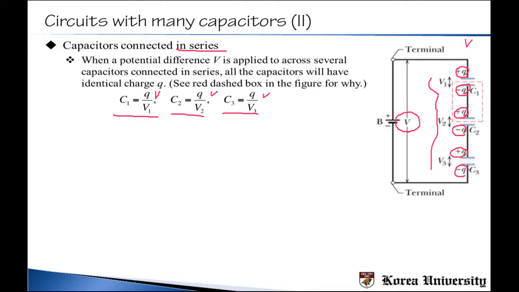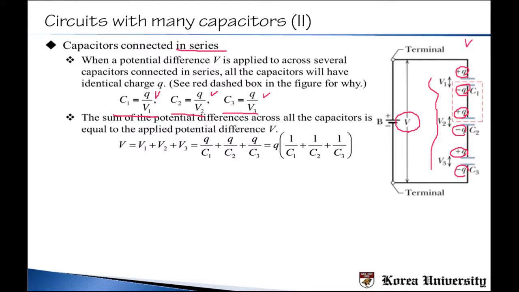So let's do that. You multiply V1, V2, V3 on each equation, and then try to add them. So this is the total electric potential, which is a summation of the 3 electric potentials. And then you can write it this way, and summarize it this way.